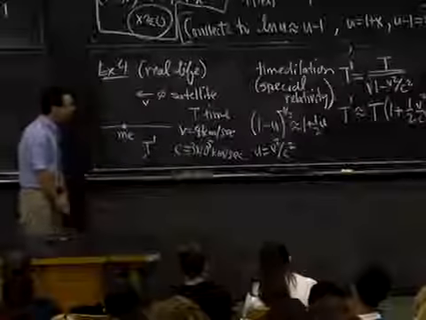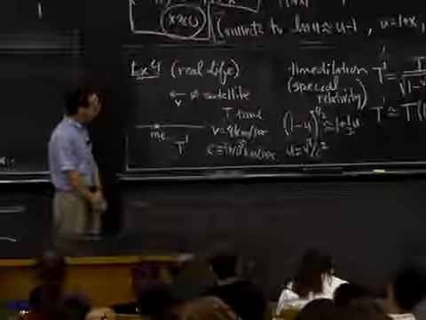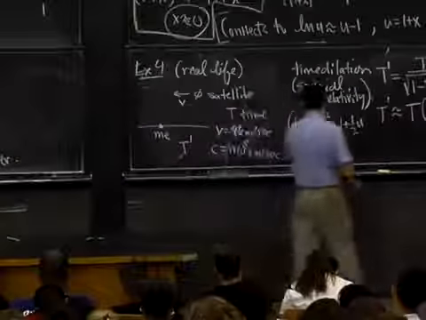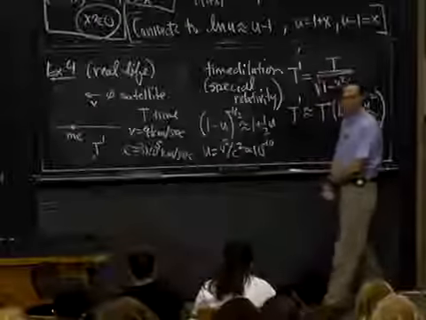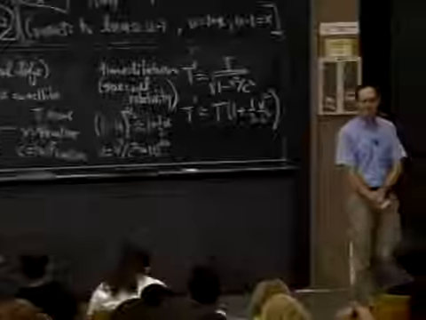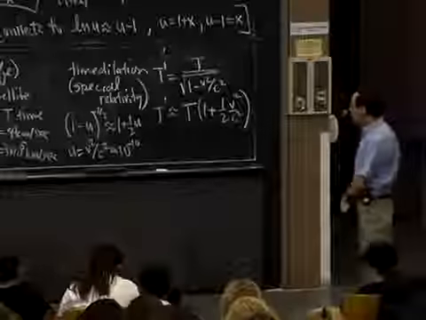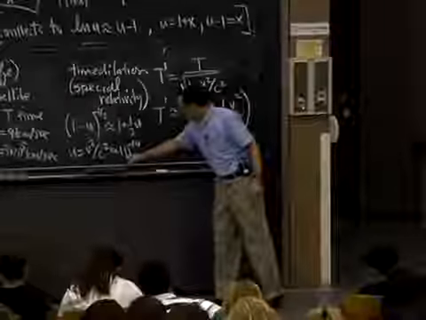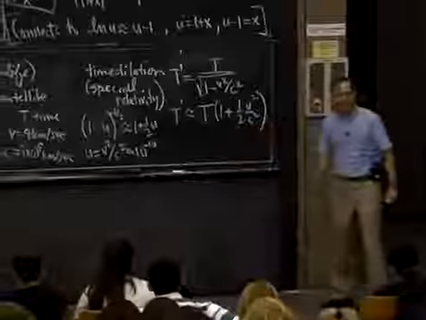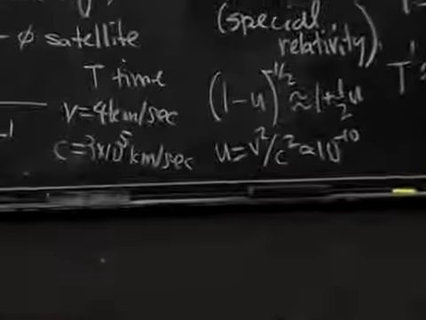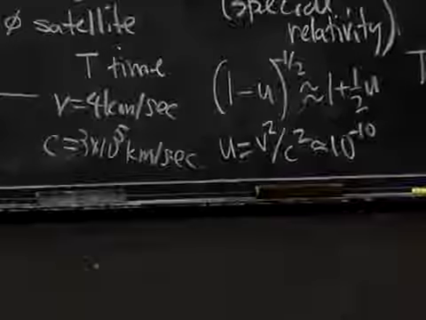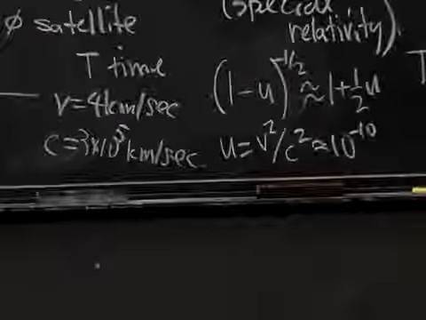So this number, v squared over c squared, is approximately 10 to the minus 10th. Now, if you keep track of how much of an error that would make in a GPS location, maybe it's a millimeter or something like that. So in fact, it doesn't matter.